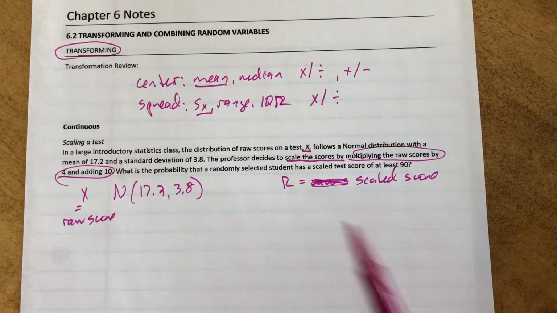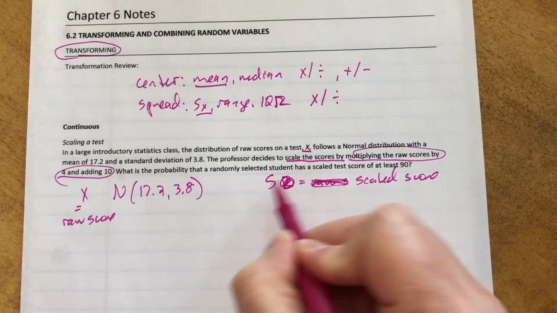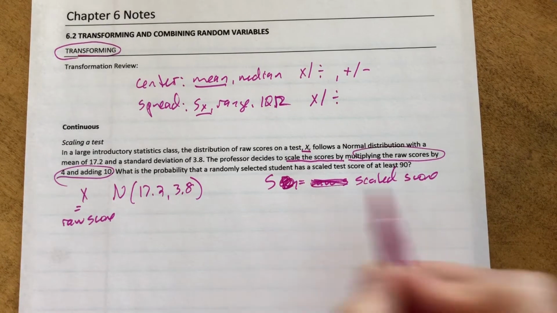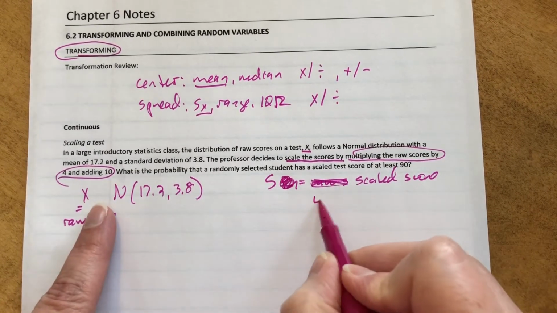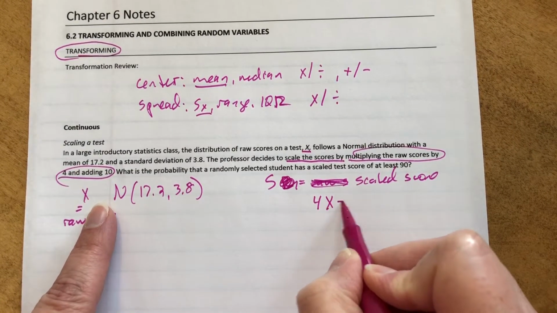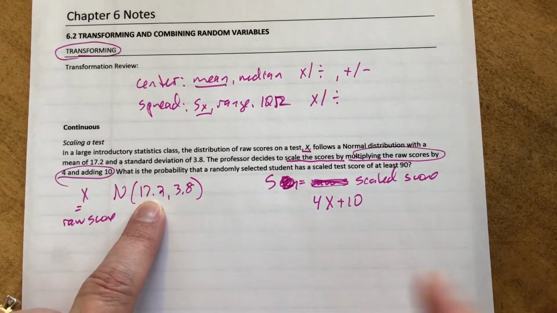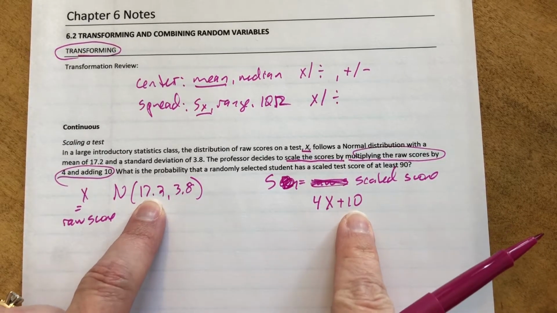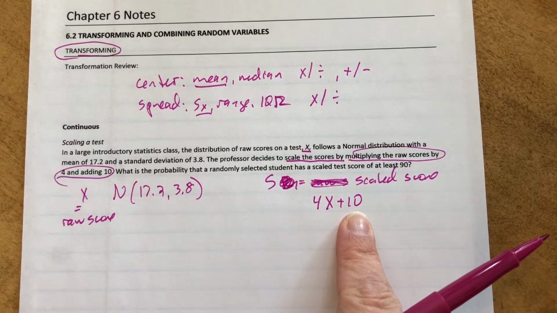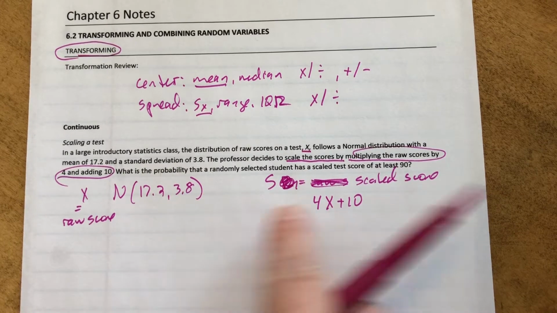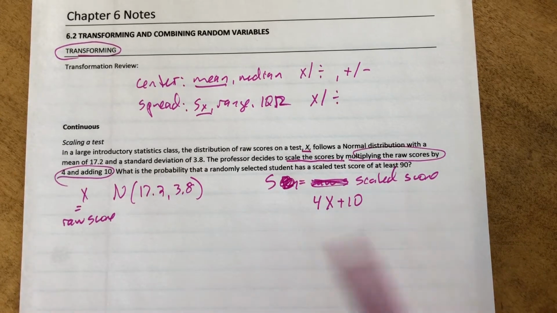So the scaled score is simply going to be 4 times the raw score plus 10. If some kid got a 20, 4 times 20 is 80, plus 10, they got a 90. I could do that for all my individual scores, and then find the mean and standard deviation of all my scaled scores.